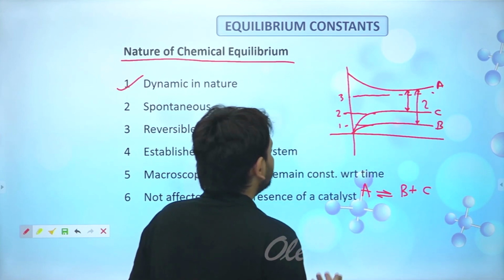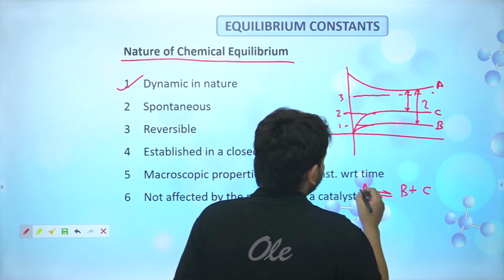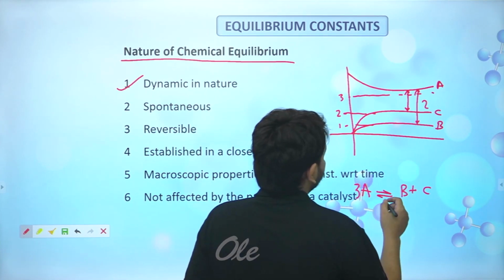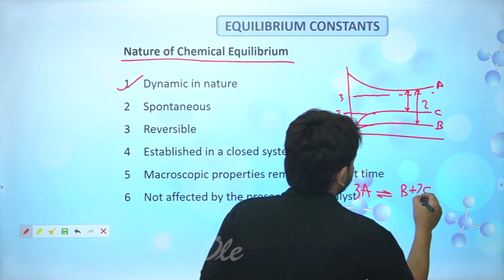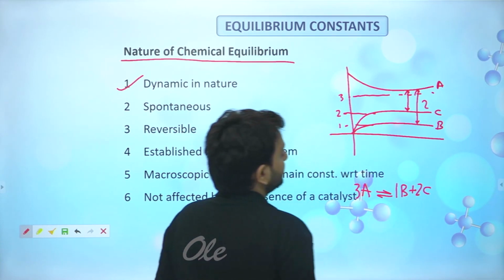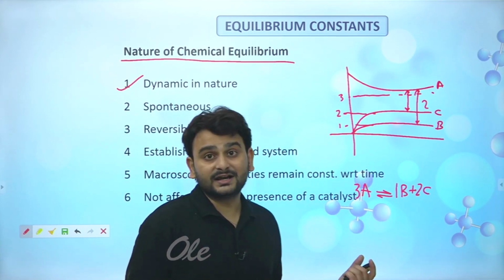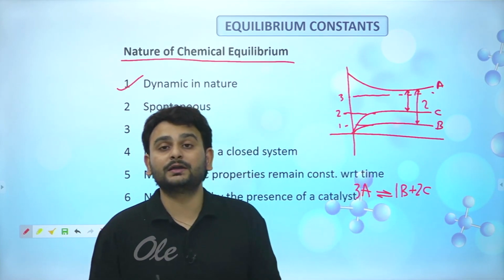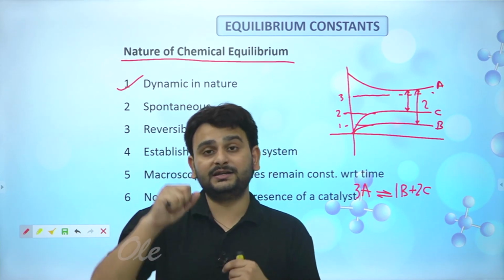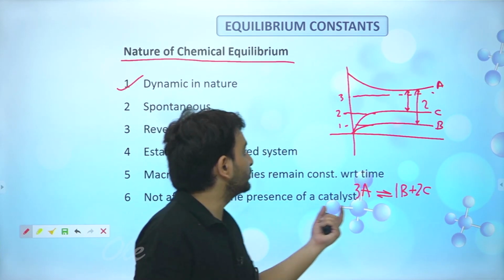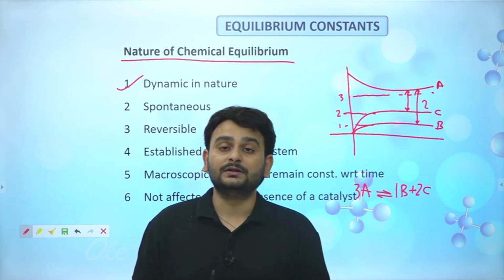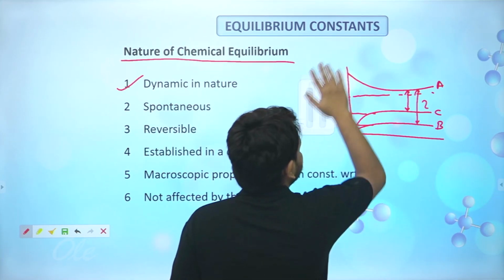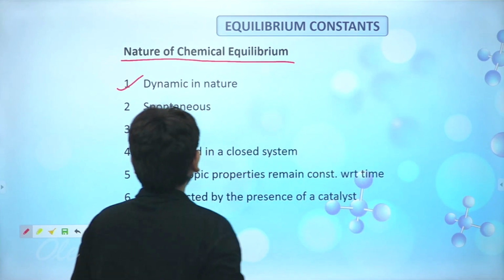So if 3 is the stoichiometric coefficient of A, 2 would be the stoichiometric coefficient of C, and 1 would be the stoichiometric coefficient of D. So sometimes it might not be given that this is 1, 2, 3, but looking at the relative distance, you can figure out what the stoichiometric coefficients of the reaction could be. This could come as a problem. We'll see some questions on it later.